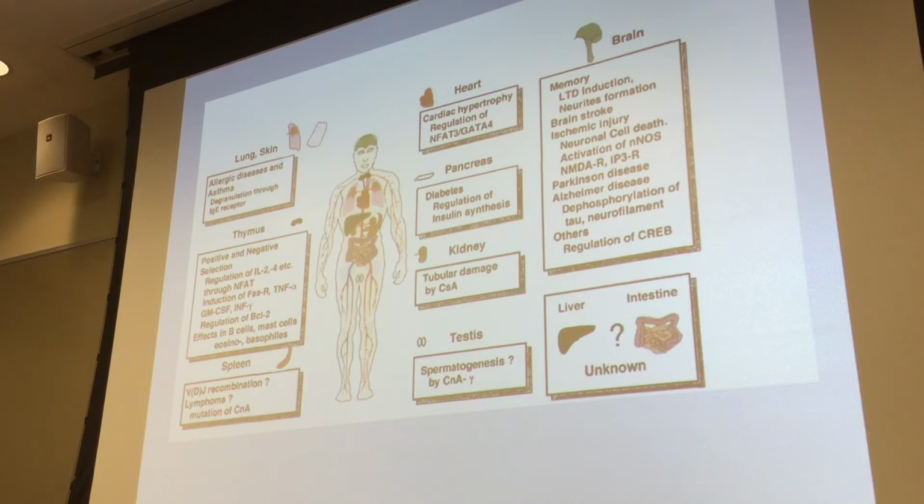We've got regulation in the spleen. Spermatogenesis is regulated by our calcineurin. In the kidney tubules, diabetes with our synthesis of insulin. This particular phosphatase can impact many aspects of cellular regulation in addition to what's going on in the brain.